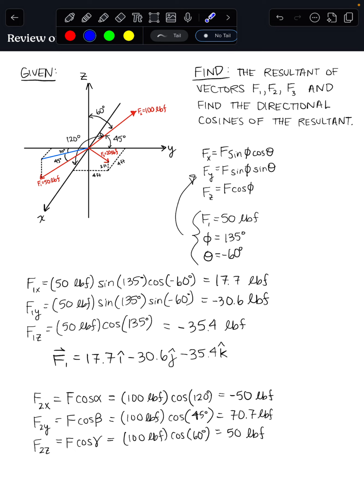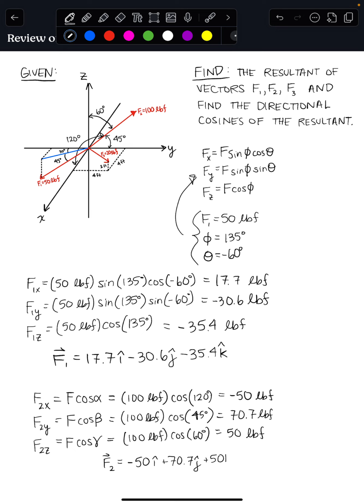We're going positive. Okay, so let's write it as an ijk vector. F2 is equal to negative 50 i hat plus 70.7 j hat plus 50 k hat.